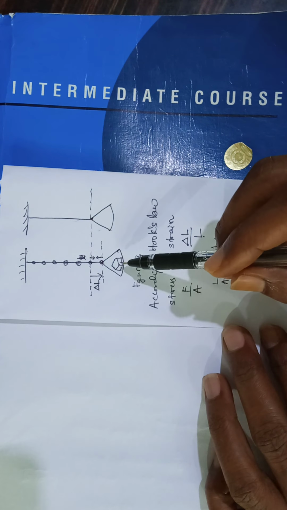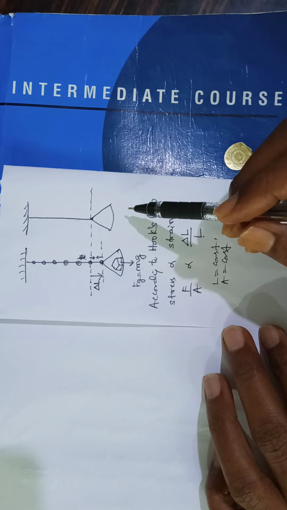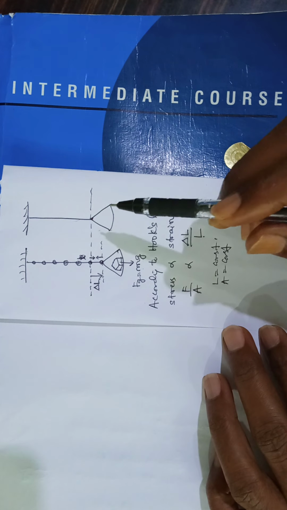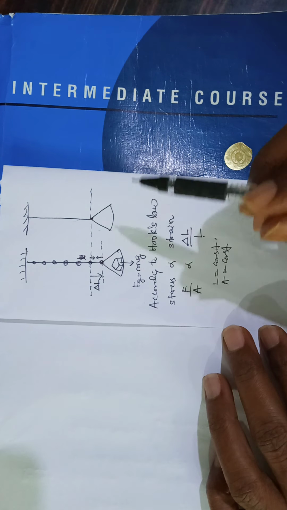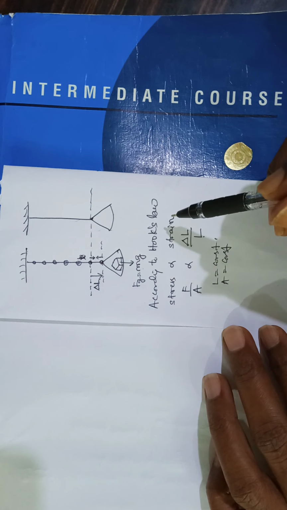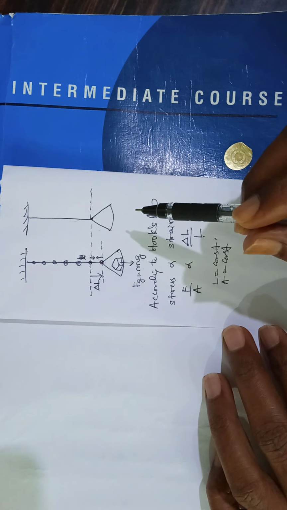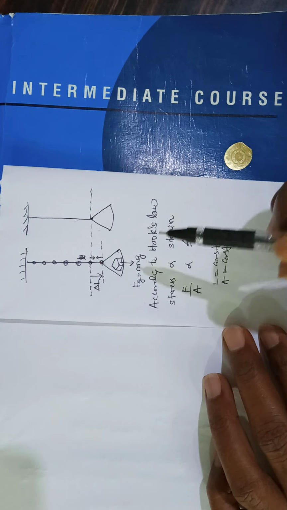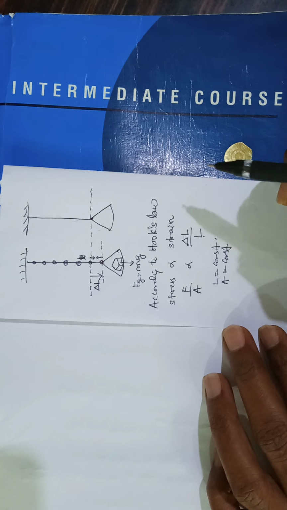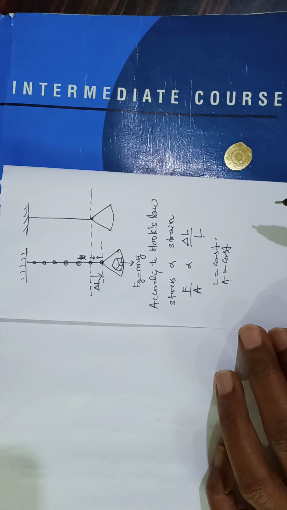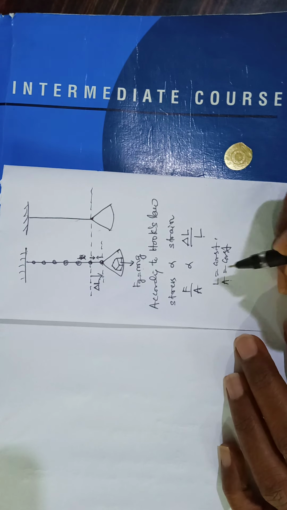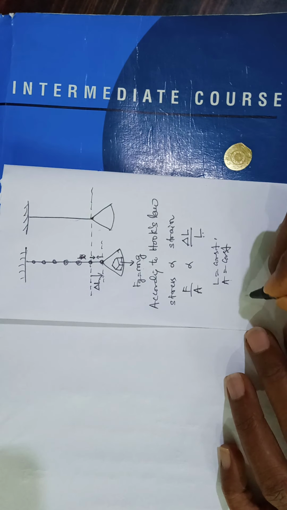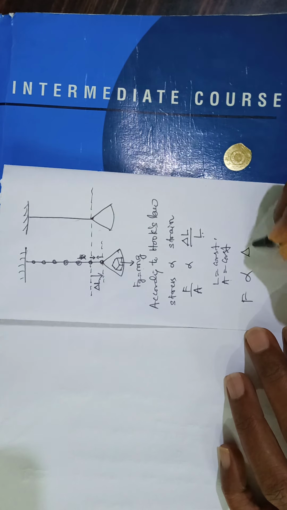If you increase the load beyond Hooke's limit, then the cross-sectional area decreases and the wire thins out, but you are not going beyond Hooke's limit. We are considering the stretching of the wire within the elastic limit. Therefore, the cross-sectional area is also constant. So since A and L are constants, you can directly write F is directly proportional to delta L.